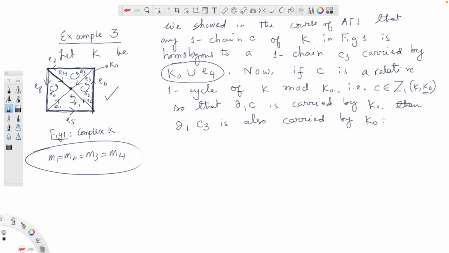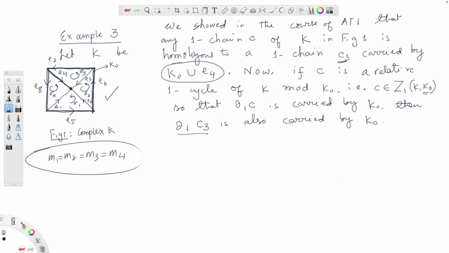Remember here C3 is the one chain that is homologous to the given one chain C, where C3 is carried by this subcomplex K0 union this one simplex E4.